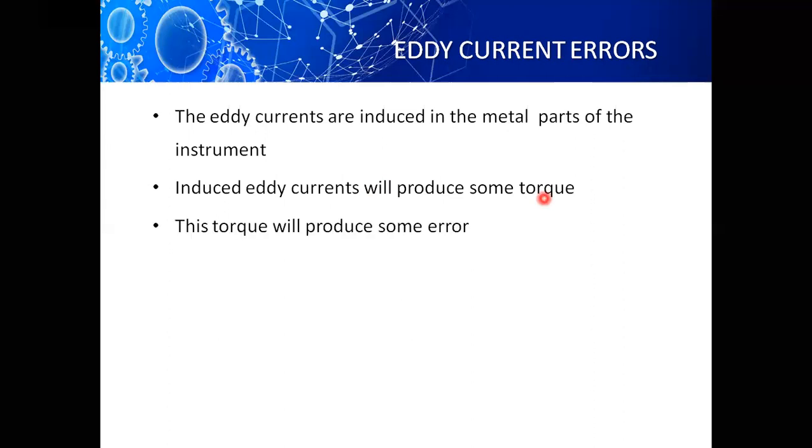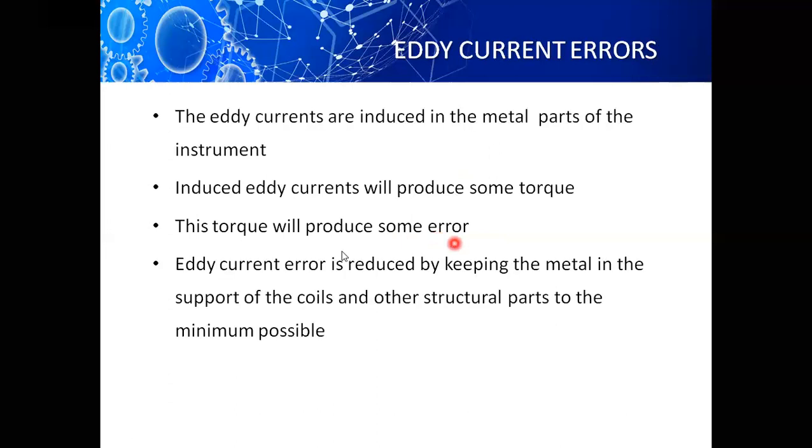That torque will try to oppose the source causing it. Hence there will be some error produced because the deflection is changed. Because the deflection is causing a change in the magnetic field, it will try to oppose. So because of eddy current errors, we'll have some torque which will be altering the deflecting torque, and hence some error is produced.